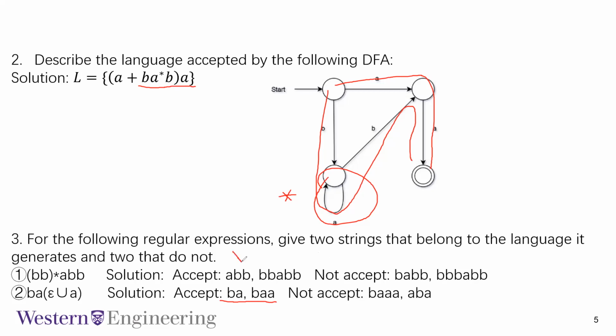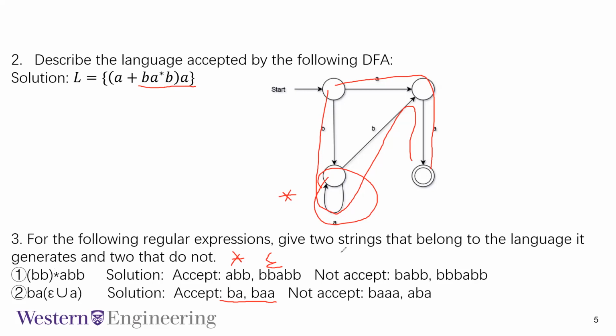Because the star operation allows that, this is accepted by the star operation. So ABB is accepted. Oh, I see. Okay, that makes sense. And then why is the triple B not accepted? Because you need doubles.